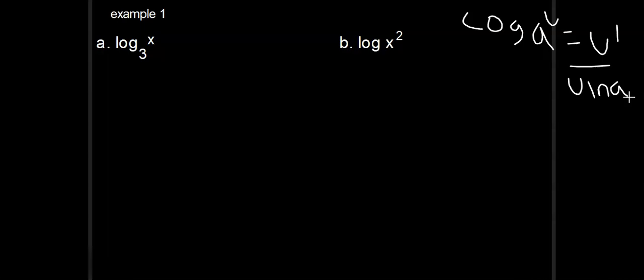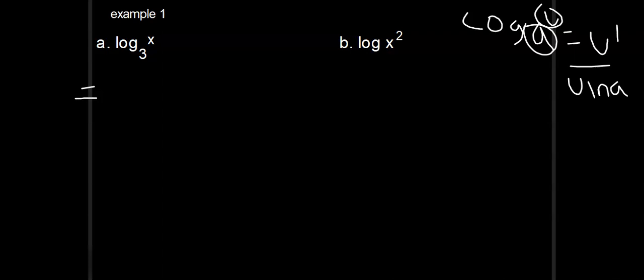So I'm going to use this formula for this question. Here, a represents the value 3, and u is x. So now it is so easy to use the formula. The first thing I'm going to do is take the derivative of x.